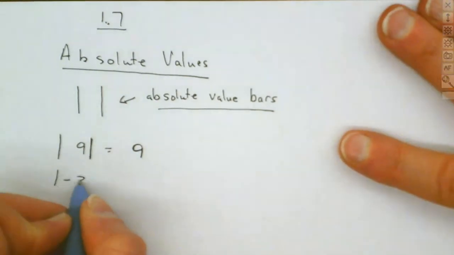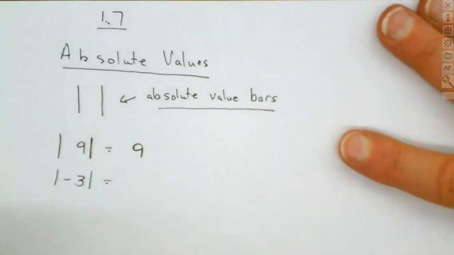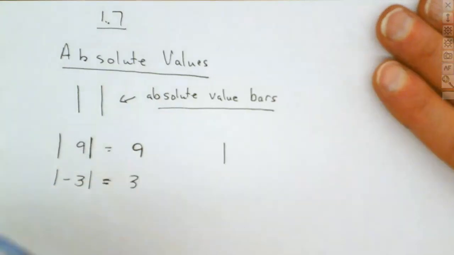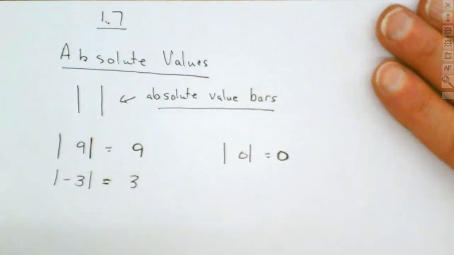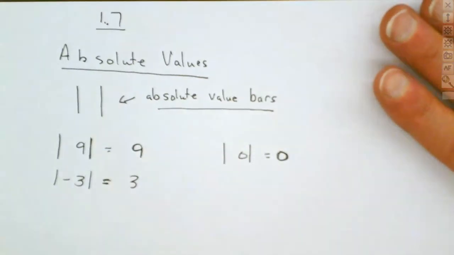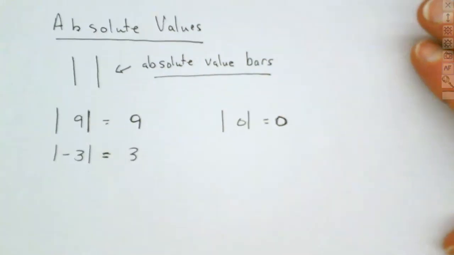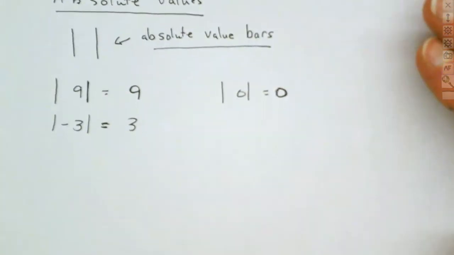What about the absolute value of negative 3? Would that be positive 3 or negative 3? Positive 3. Okay. And what's the absolute value of 0? Still 0. Now look at these two.